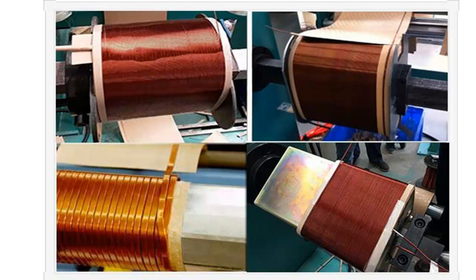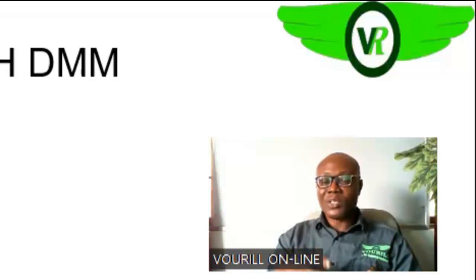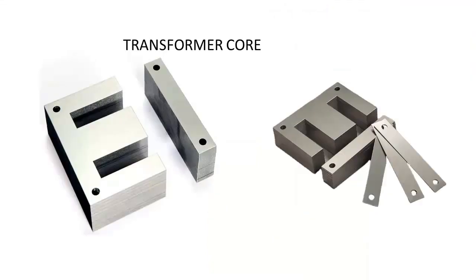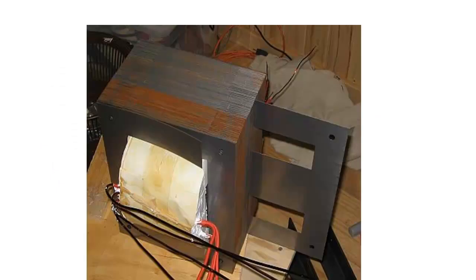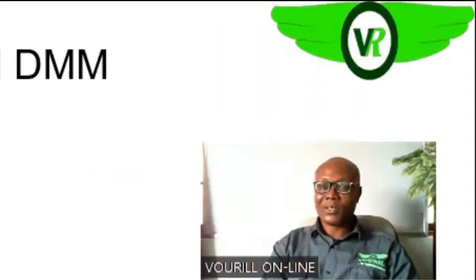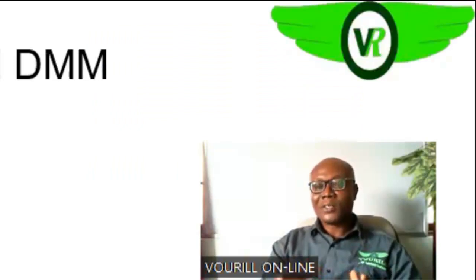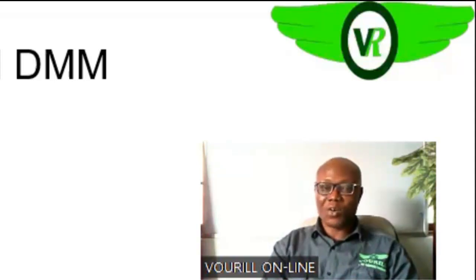After the windings have been made on the former, the yoke, or the iron core, is placed inside the former. Now that brings us to the second component, which is the inactive component of the transformer.